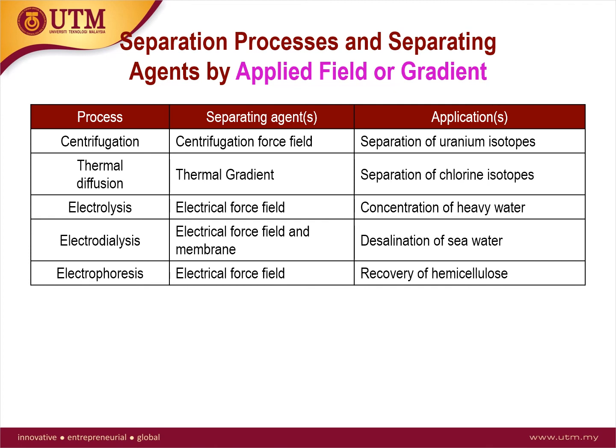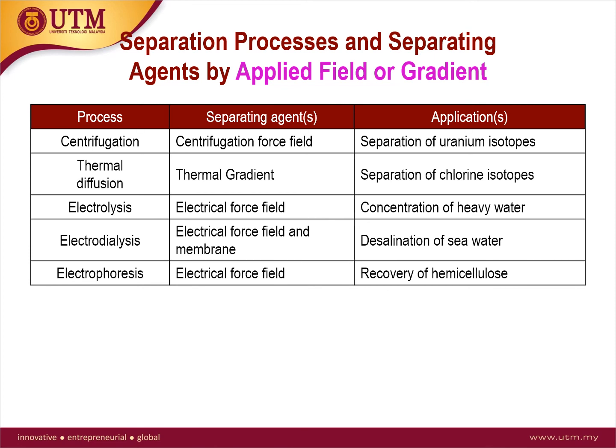Then the electrolysis process. The electrolysis process uses the electrical force field as a mass separating agent to separate different charges, such as anion and cation, to the different poles, such as anode and cathode. For example, the concentration of heavy water.